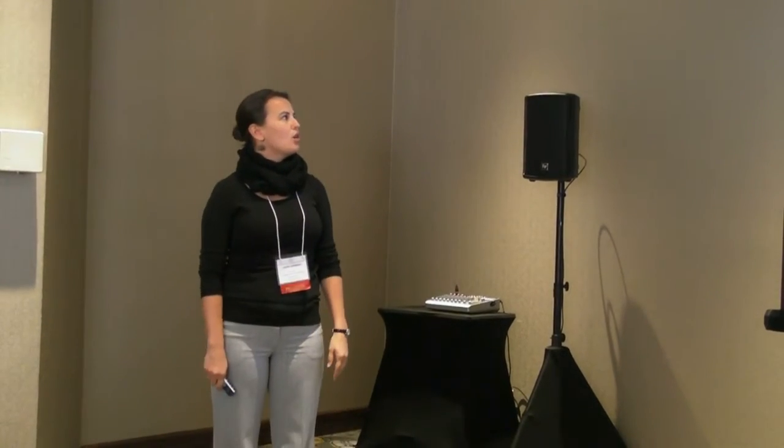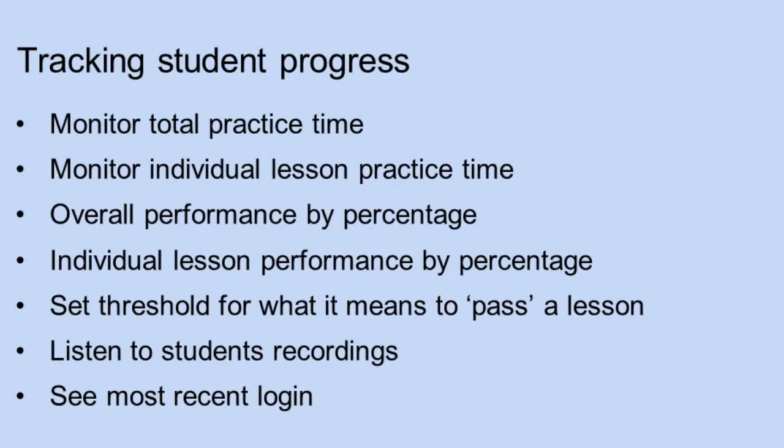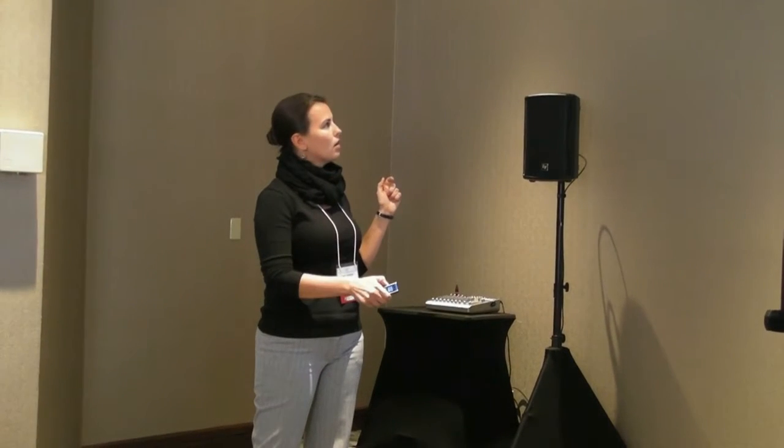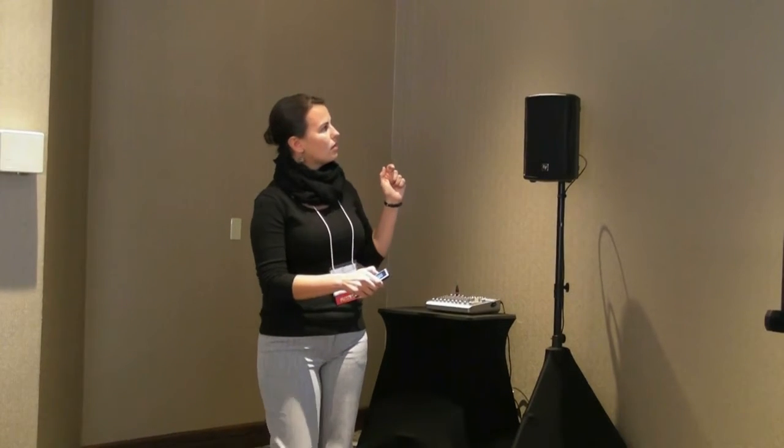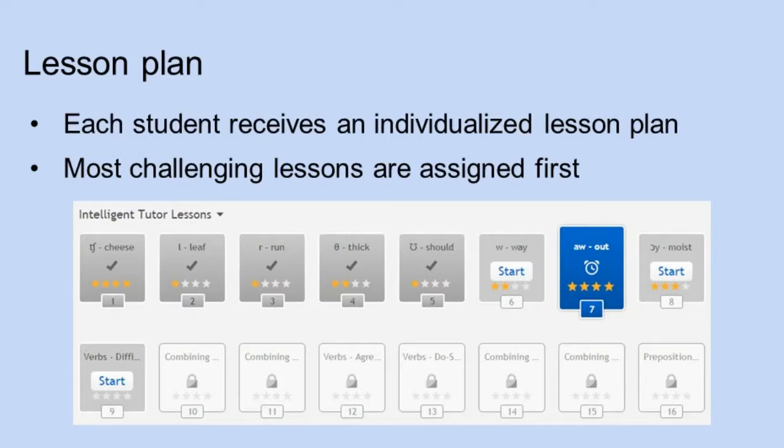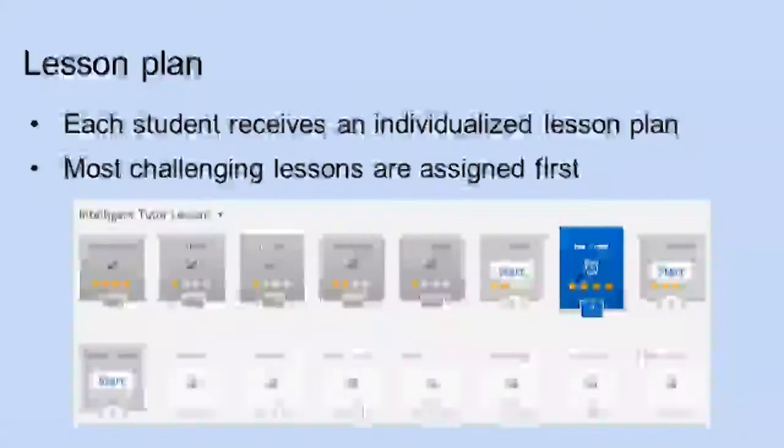Aside from looking at how much time they've spent, you can see their performance by percentage. I don't know if you noticed, let's see if I can go back here, on this one, you'll see that there are some stars on each lesson. They each represent 25%. So if you only have 1 star, you probably didn't do a great job on that lesson.